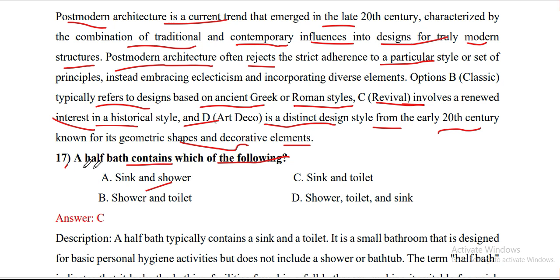From that, the half bath contains: A. Sink and shower, B. Shower and toilet, C. Sink and toilet, D. Shower, toilet and sink. So the answer is that the bathroom contains both sink and toilet. Sink and toilet. So we will see its description.